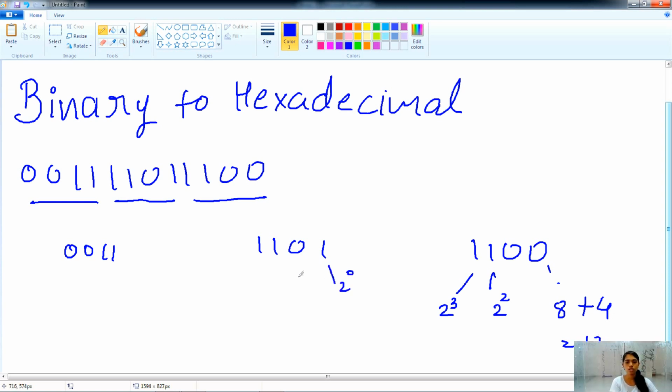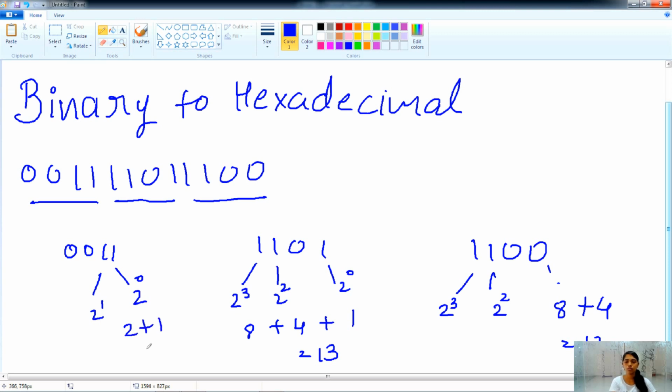Here, 2 raised to 0, then 0, then 2 raised to 2 and 2 raised to 3. Here 1 plus 4 plus 8 would be 13. Now here, 2 raised to 0 and 2 raised to 1, so 2 plus 1 would be 3.